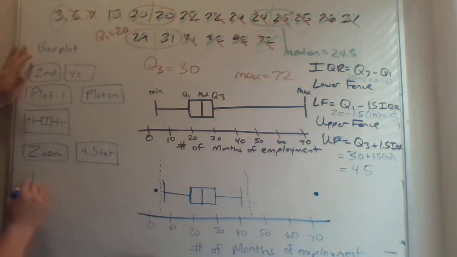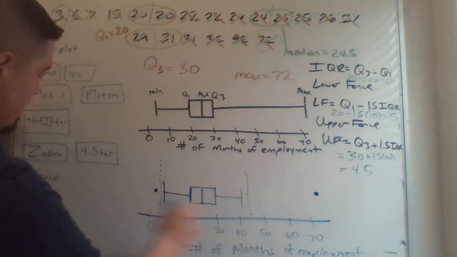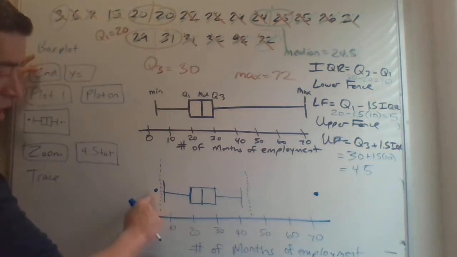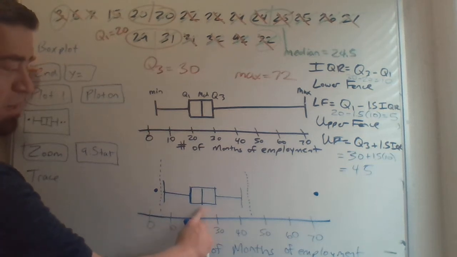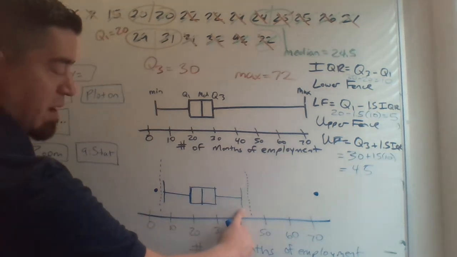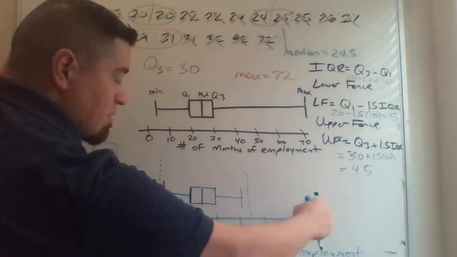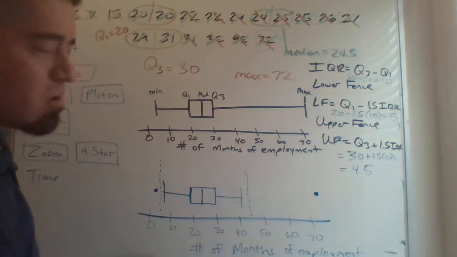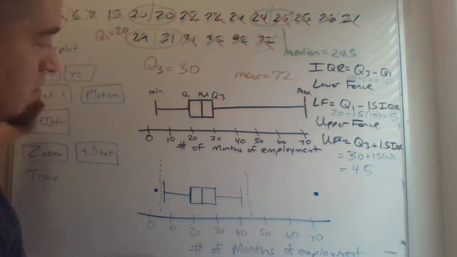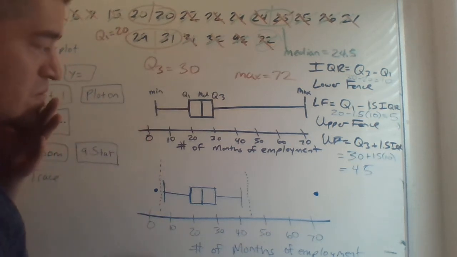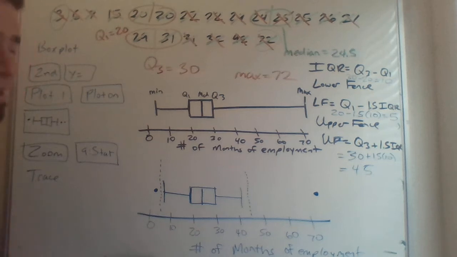So you need to push trace, and then you'll be able to scroll left and right, and you'll be able to see the outlier, the next minimum number, your Q1, your median, your Q3, your next maximum number before the outlier, and then your final outlier. What it won't show is the fence. So that you'll need to include in your graphs, but it's a good way to check, and a good way to get a quick box plot, which they're also called box and whiskers.